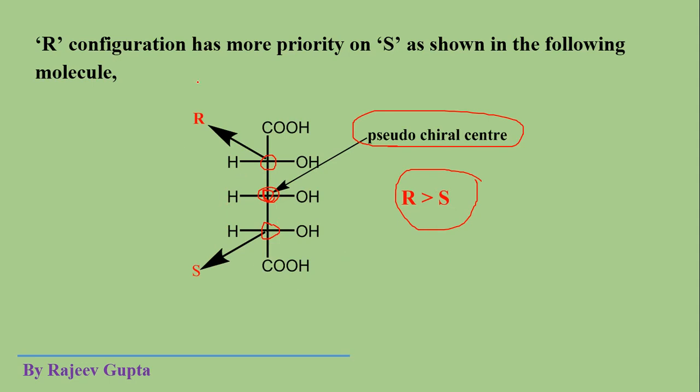So this is also a CIP rule where we see the configurations of these two portions and the configuration of this pseudo chiral center. Generally this is called pseudo, not chiral, a pseudo chiral center.